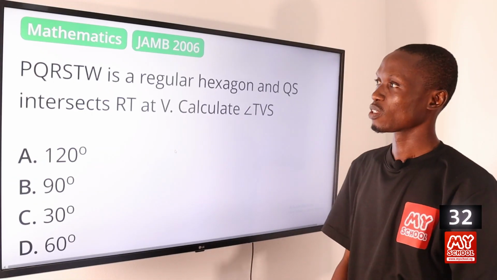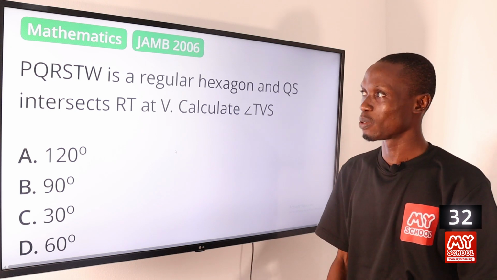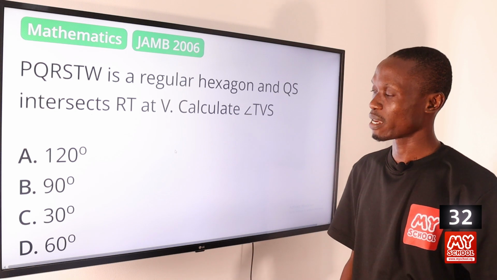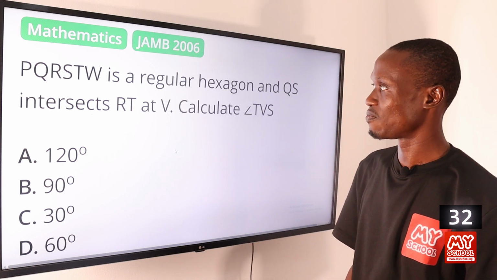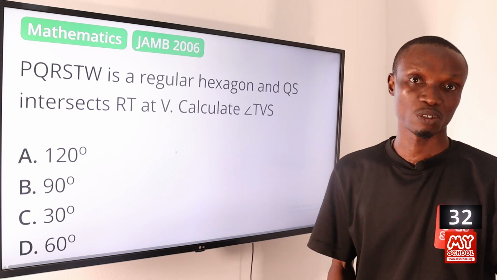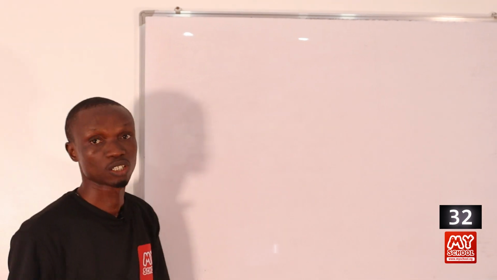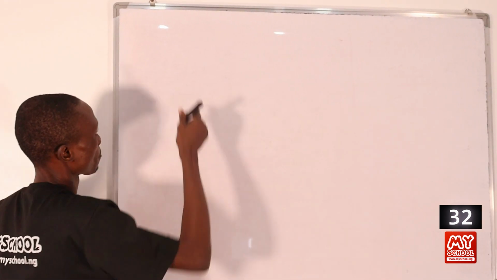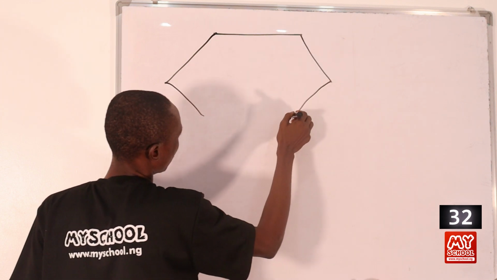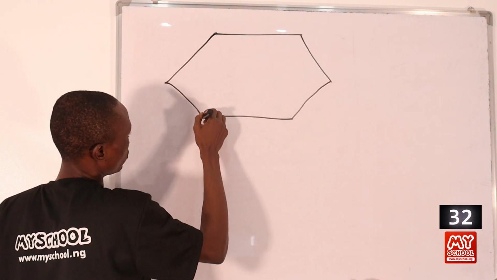Question 32. PQRSTW is a regular hexagon and QS intercepts RT at V. Calculate angle TVS. Let's move over to the board to answer this question. First, sketch the regular hexagon. Remember, a hexagon is a six-sided polygon.